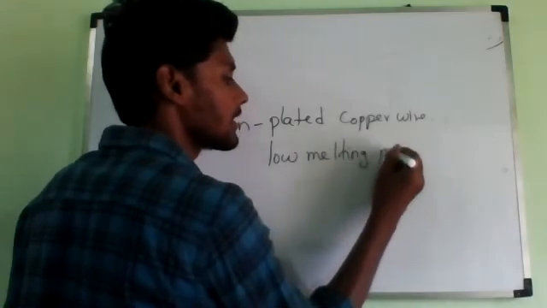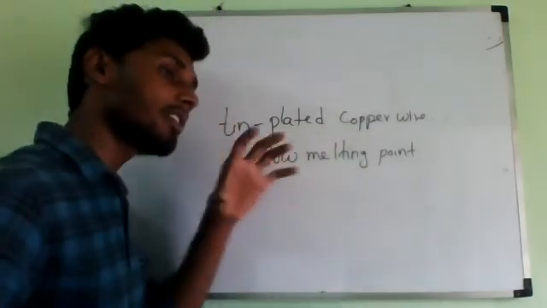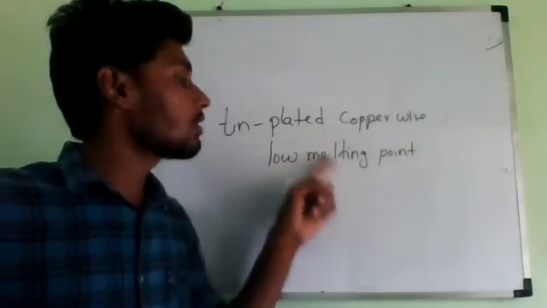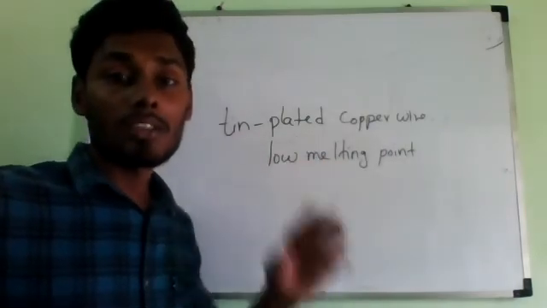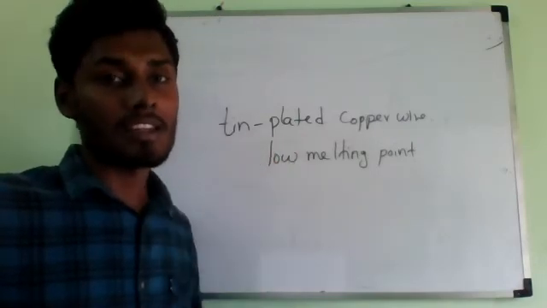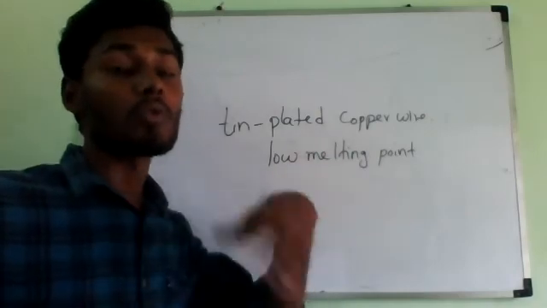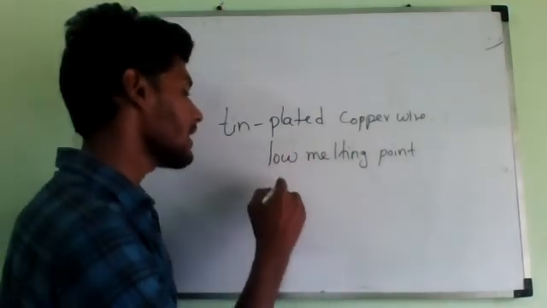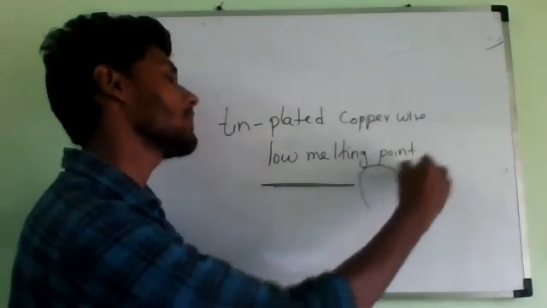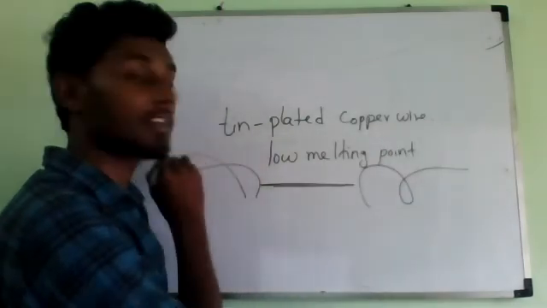Low melting point in the sense that it can resist only up to some temperature. Once the temperature in the electric circuit rises more than that, automatically it will melt. This thin fuse has a much higher resistance than the rest of the electrical wiring in a house, compared to the other appliances used in an electric circuit.